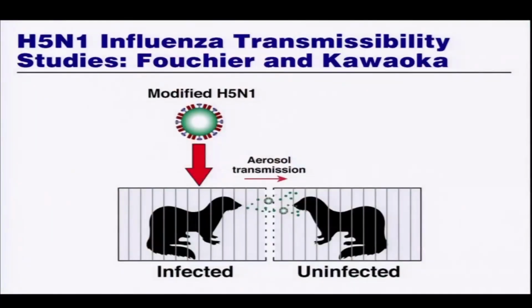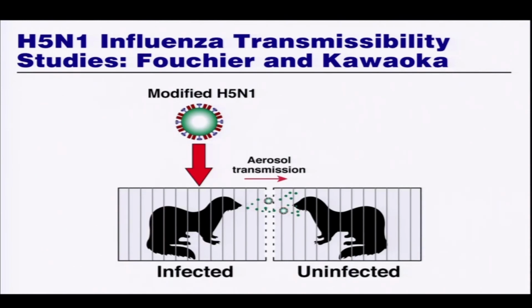So let's get down to what happened very briefly. I'm going to go very quickly through the historical perspective that brought us here today. There were studies done by two NIH NIAID-funded investigators, Ron Fouchier and Yoshi Kawaoka, in which H5N1, a strain from Indonesia and a strain from Vietnam, were altered in a gain of function, either by direct mutation or by reassortment.